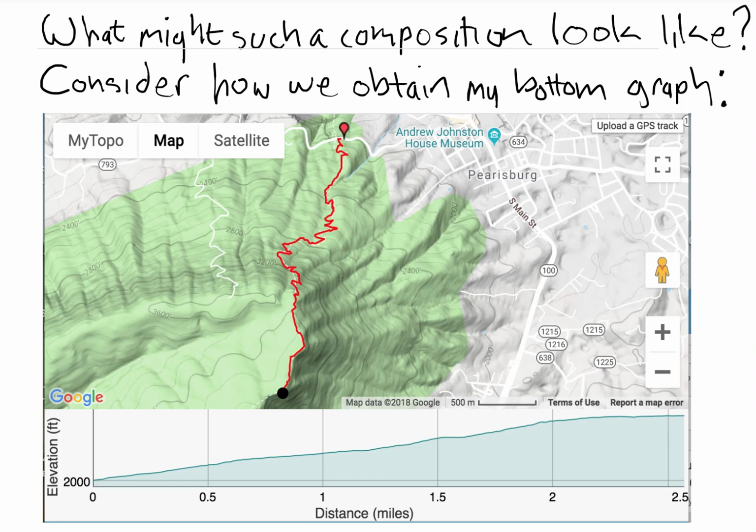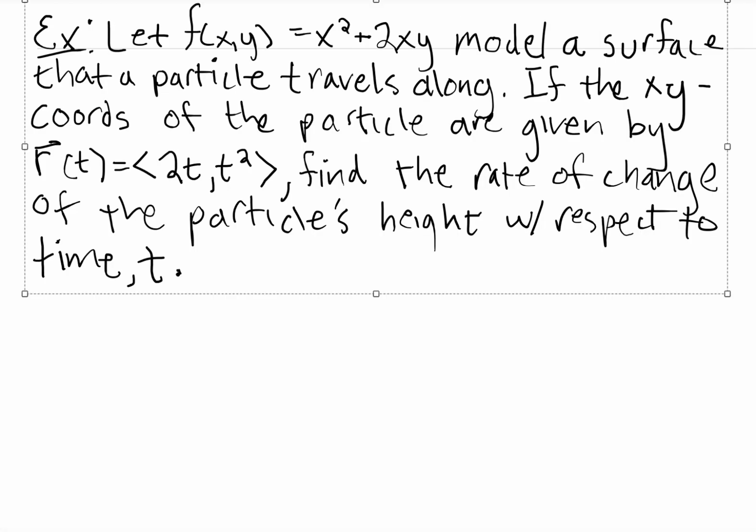So let's look at a similar example to this particular case. I'll switch over to the next slide. Let's take a very simplified model of the situation that we were just looking at. I've got a function, f of x, y equals x squared plus 2xy. This is going to model a surface that a particle is traveling along.